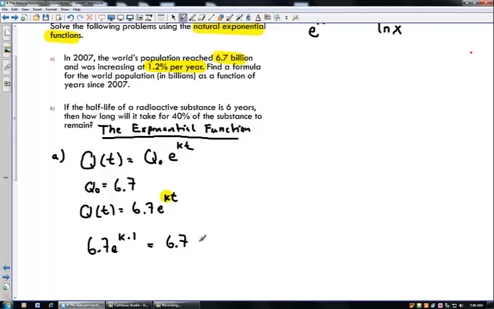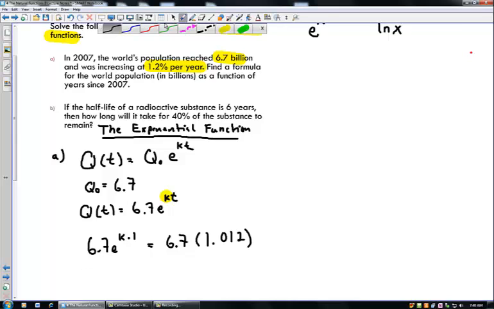So you take 6.7 and you multiply by 1, which is the whole part of 6.7, plus an additional 1.2%. So that's 0, 1, 2. If you multiply 6.7 by 1.012, you're going to get 1.2% more of 6.7.